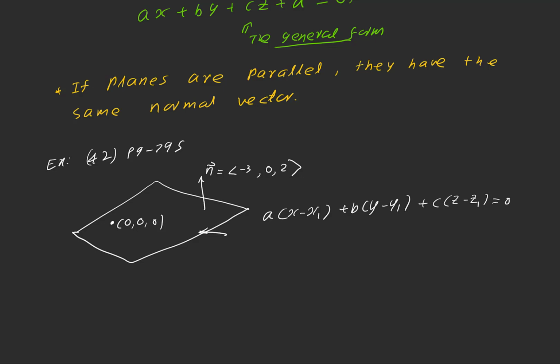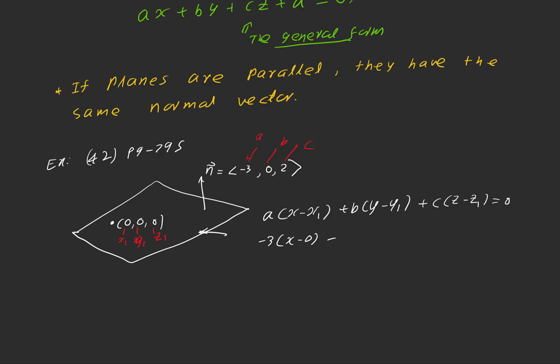So we know a is negative 3 and x minus 0, that is x1. Comparing this, it is x1, y1 and z1, compared with the theory I explained above. So this one is A, B and C. So plug those in.